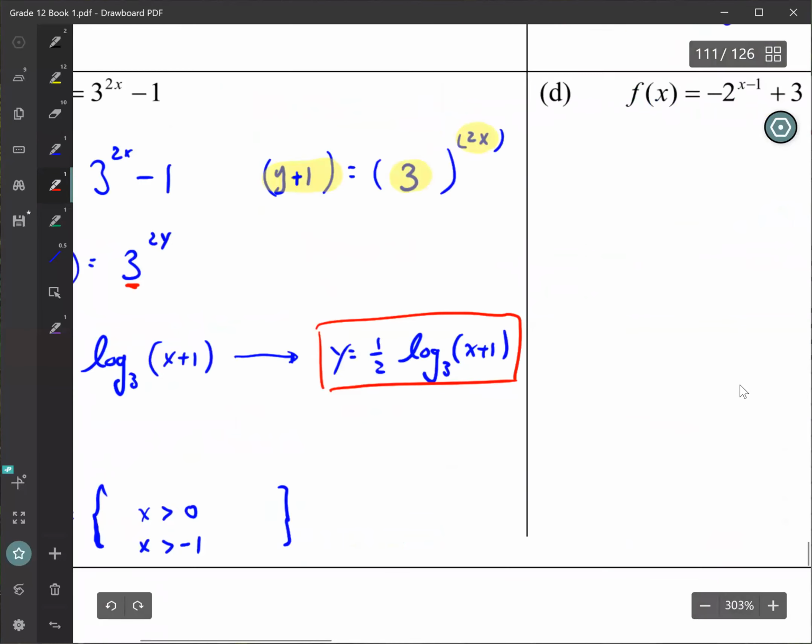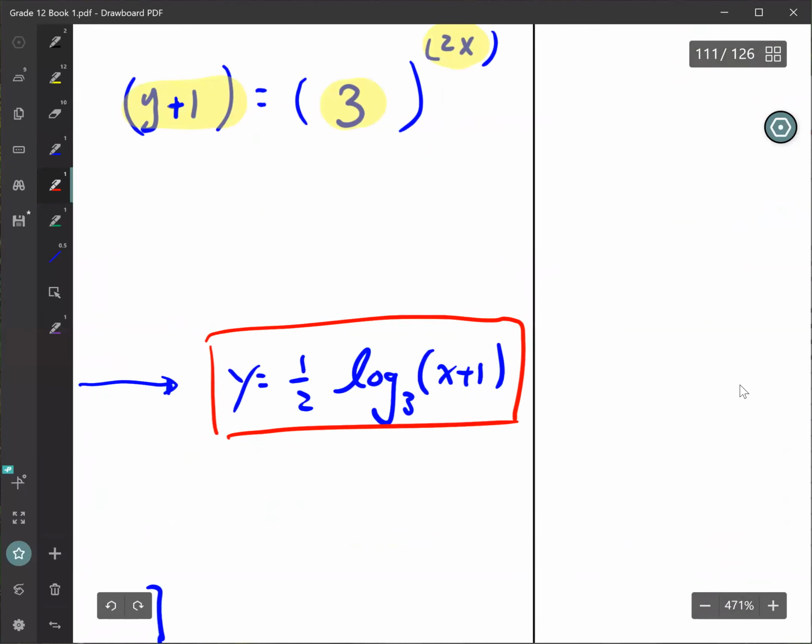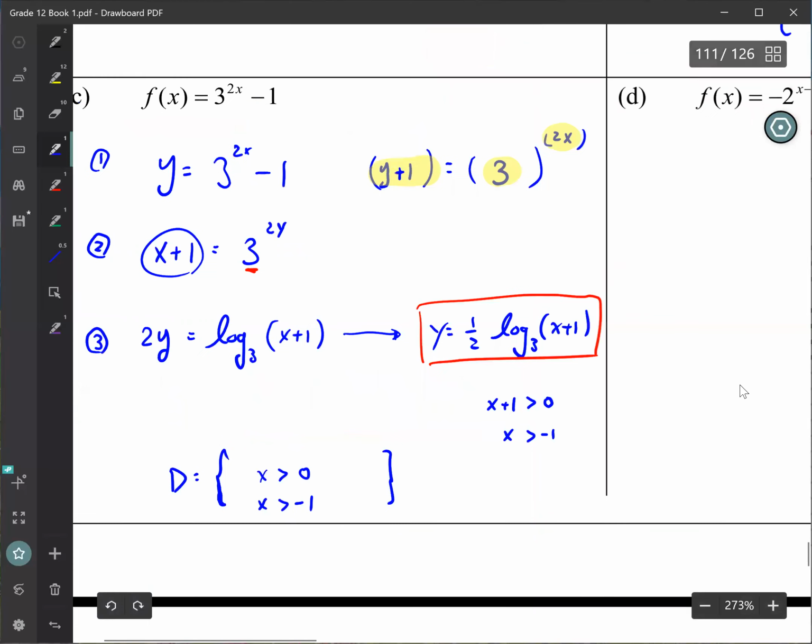Look at your answer. What's inside the bracket, Cindy? X plus 1. Yeah, so you grab everything inside, which is X plus 1, and you make it greater than 0. Then what do you do? Move the 1. Yeah, so the answer will be greater than -1. Make sure it's not always greater than 0. Greater than 0 is for everything inside.